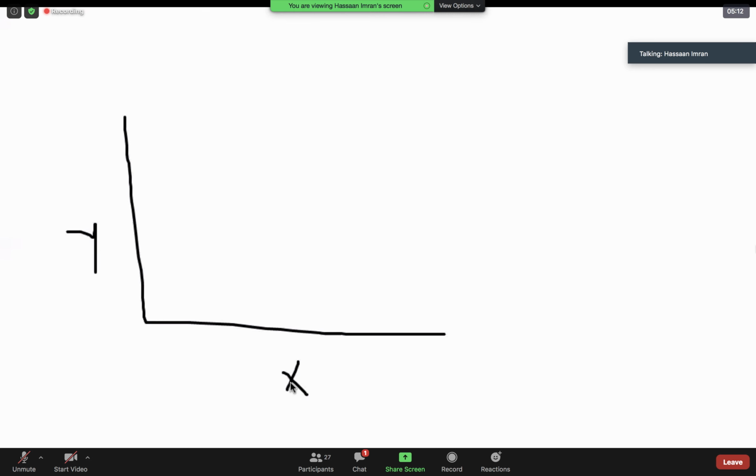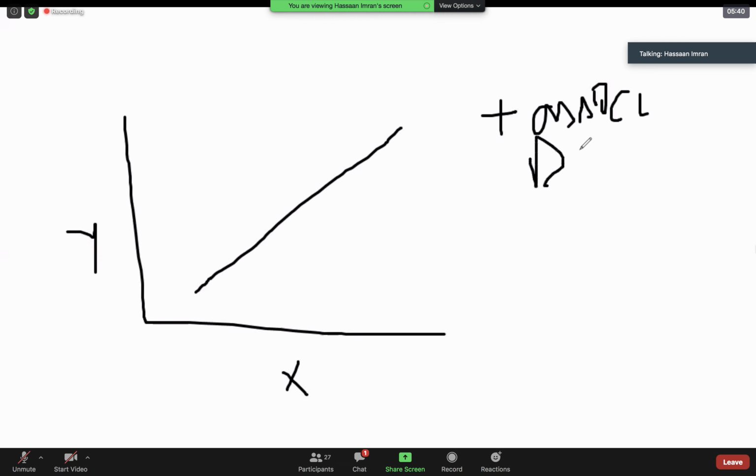Now, once this factor A is increasing and the other is also increasing, what does this represent? This represents positive association, or we can also call it direct association, right?